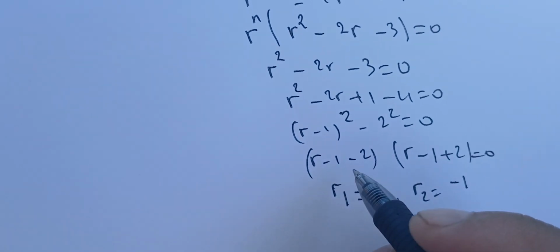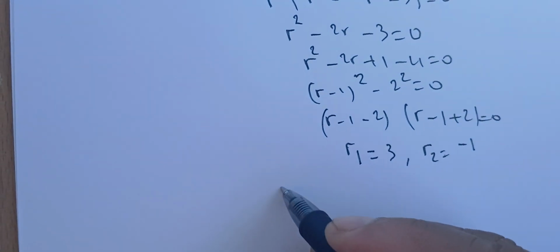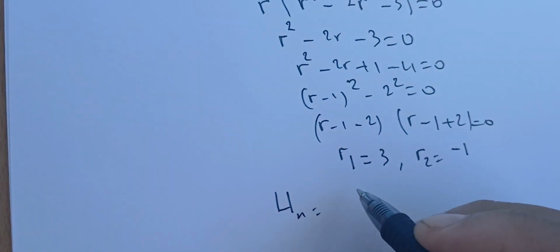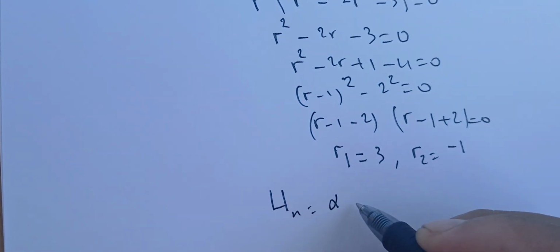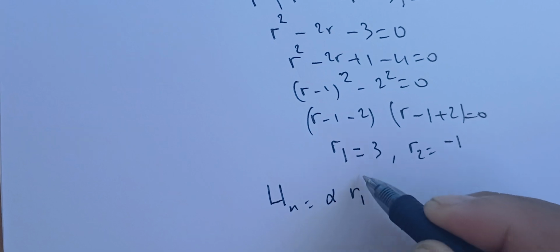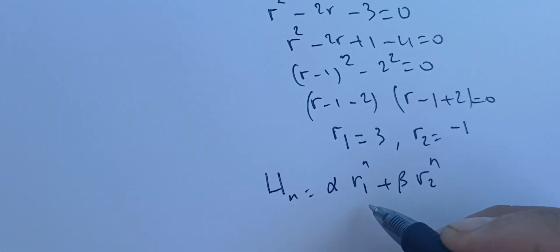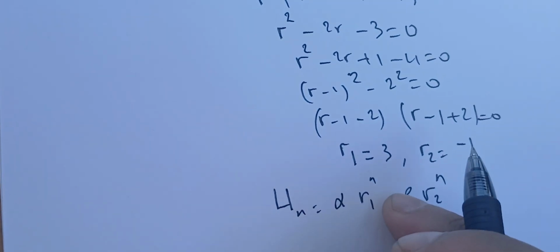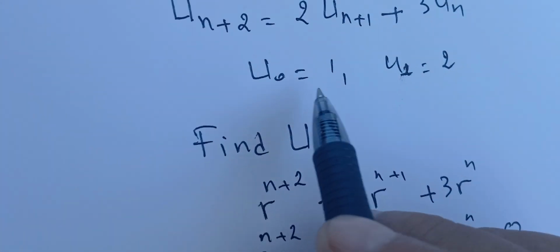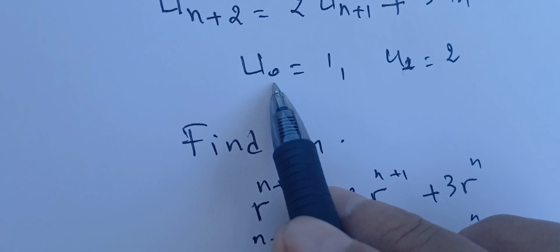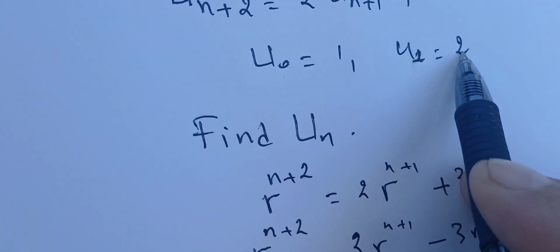Now, our sequence will be written in the following manner: alpha r1 to the power n plus beta r2 to the power n. We can find alpha and beta by using the initial conditions, u_0 is 1 and u_1 is 2.